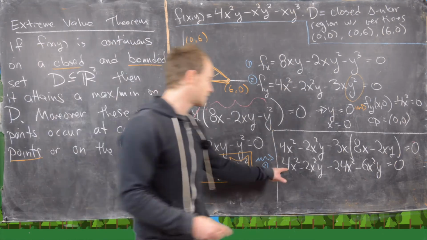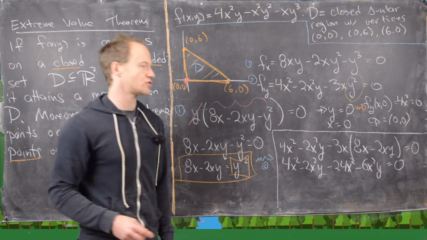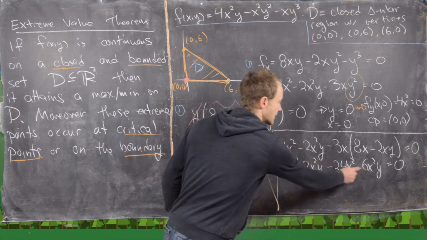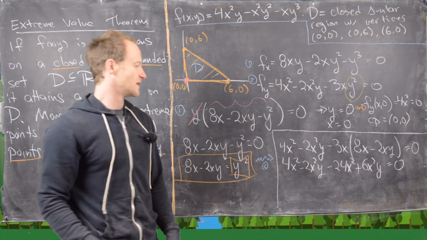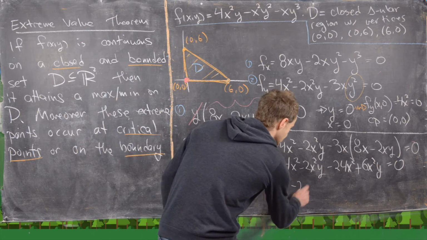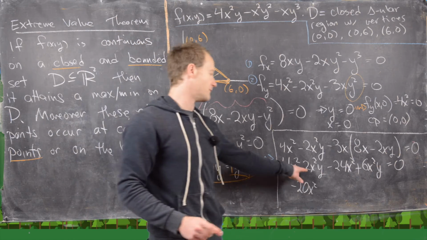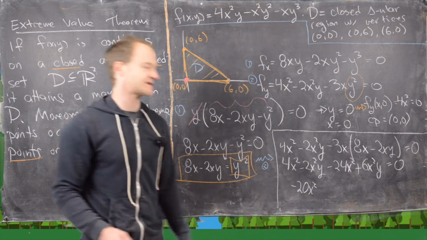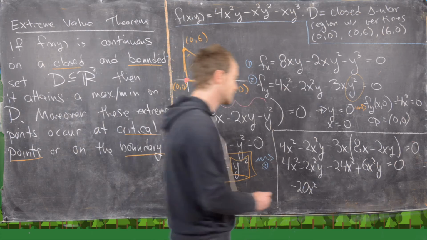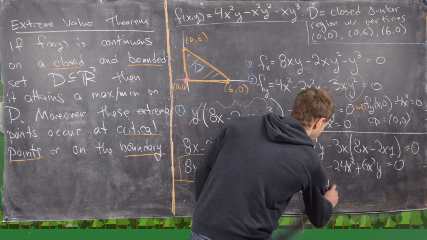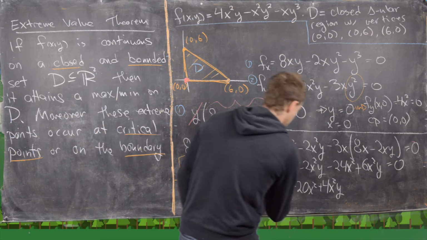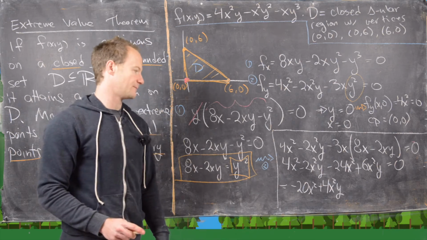So we've got 4x squared minus 24x squared, and notice that should be a plus. So that's going to give us minus 20x squared from combining those two. And then we have minus 2x squared y plus 6x squared y. So that's going to give us plus 4x squared y.